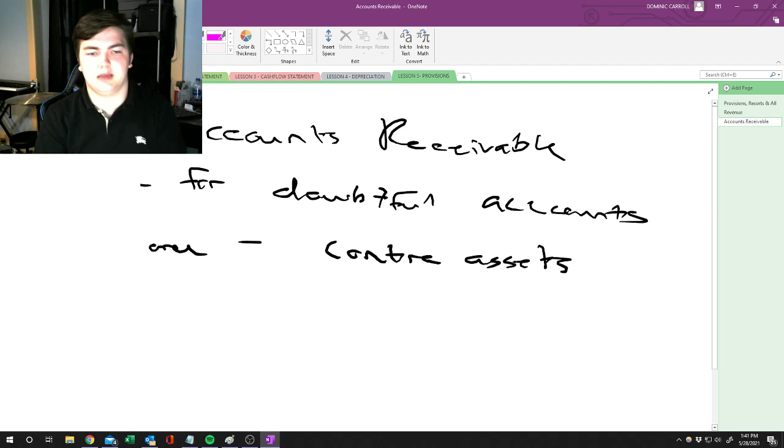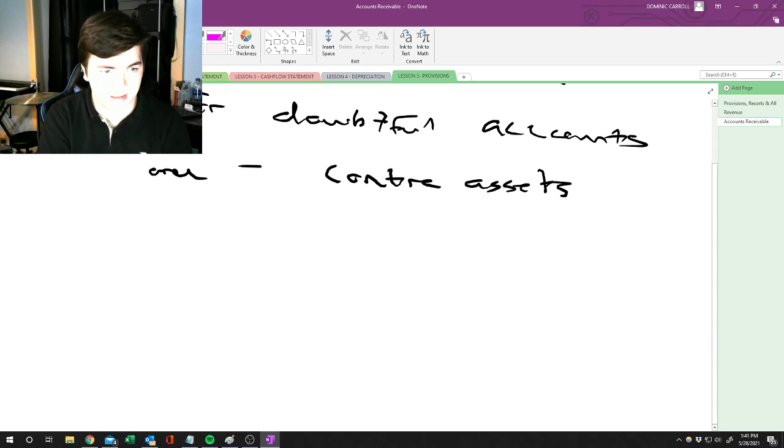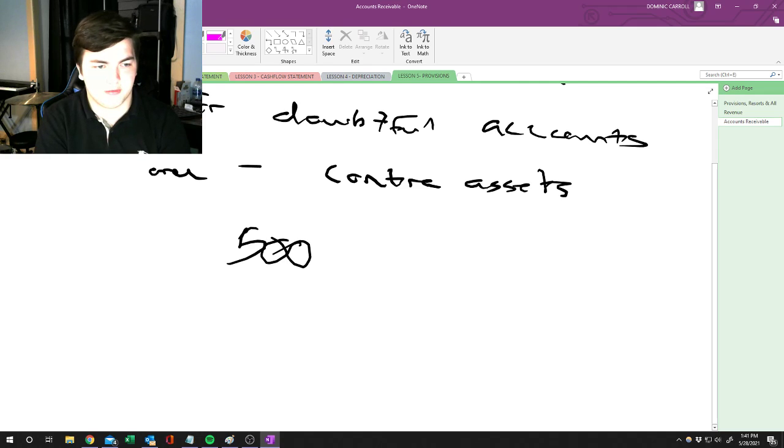A contra asset is sort of similar to the idea of a liability, but it's still in the asset section, like a subsection under an asset account. So on an actual balance sheet, you would have your accounts receivable, say that's 500 million, and under the accounts receivable, you would have an allowance, say that's 100 million, so 1/5.